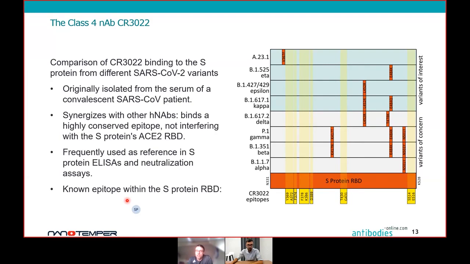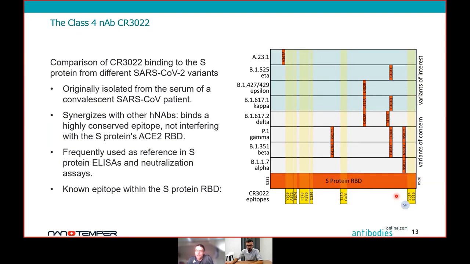Besides its function as a neutralizing antibody, CR3022 is frequently used as a reference in immunoassays targeting the SARS-CoV-2 S protein across different variants. Shown here on the right is a schematic representation of the antibody's epitopes, here in yellow, indicated with the amino acids, within the S protein's RBD, again shown in orange here.